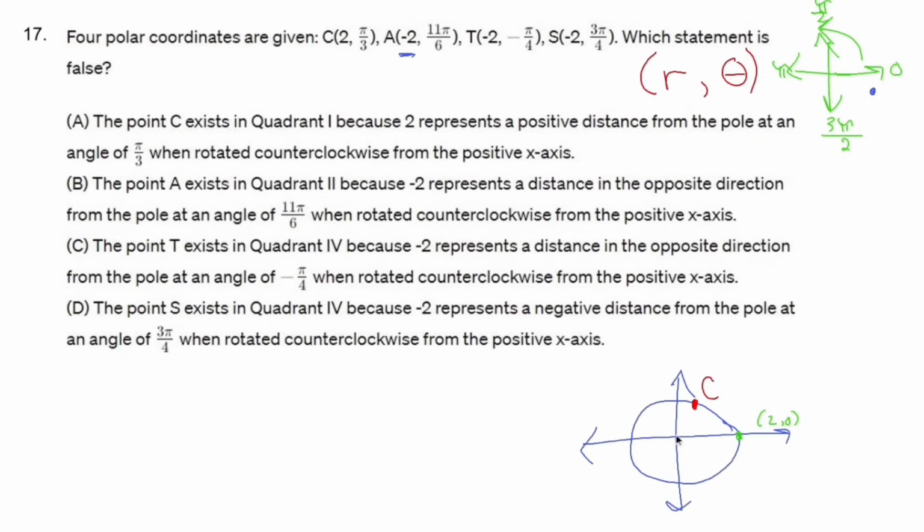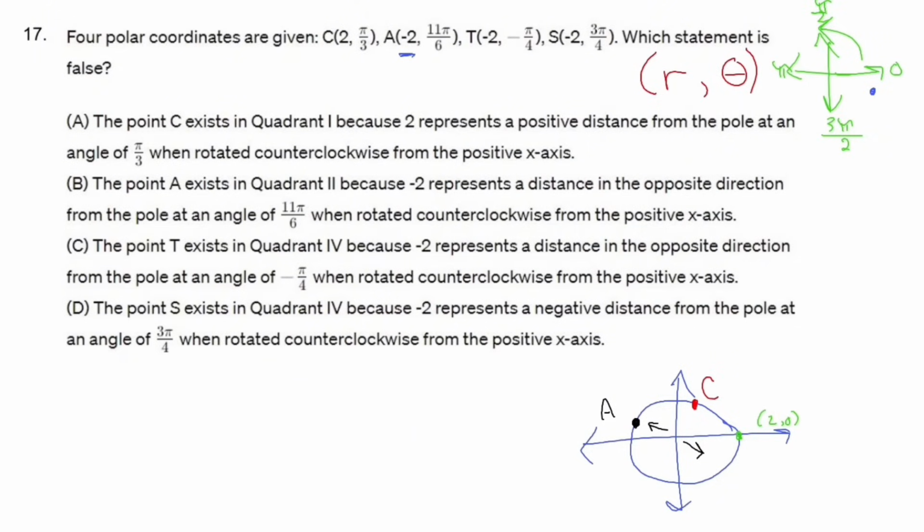I'm going to go in the opposite direction. So my dot has me going all the way around here, but since it's negative 2, I'm going to put my dot right there. Okay, so you're going to be A. Again, normally you would go in this direction, but since it's negative 2, you go in the opposite direction, which gives me that A right there.